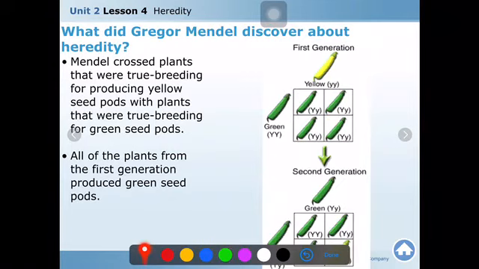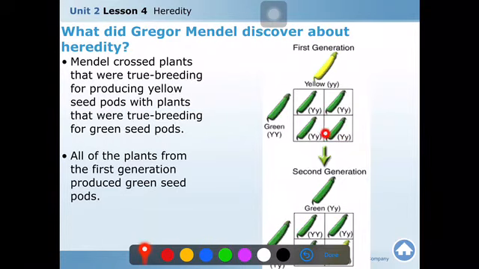As you know, in human beings, for example, if the mother has blue eyes but the father has brown eyes, all children become brown-eyed. Why? I will explain further in the next slide maybe.